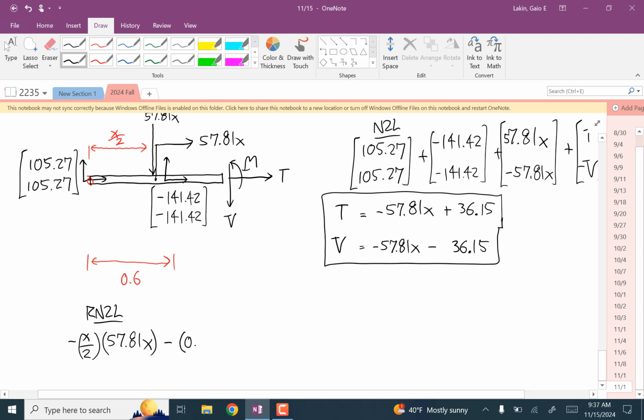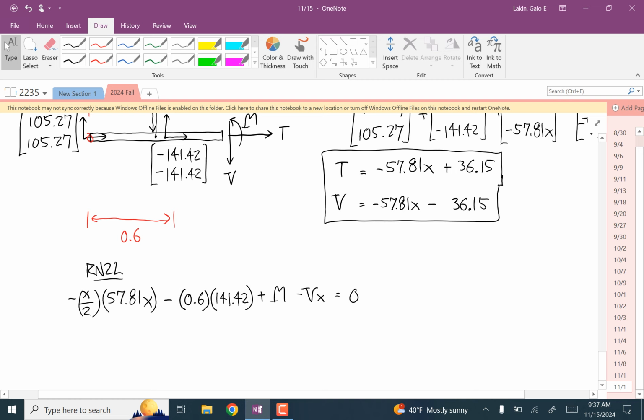The moment arm is 0.6. The magnitude is 141.42. And then plus m minus Vx is equal to 0. And so we get negative 28.905x squared minus 84.85, 84.85 plus m minus Vx.